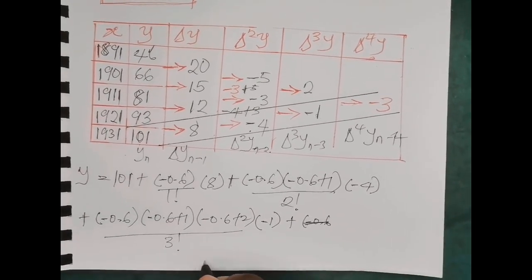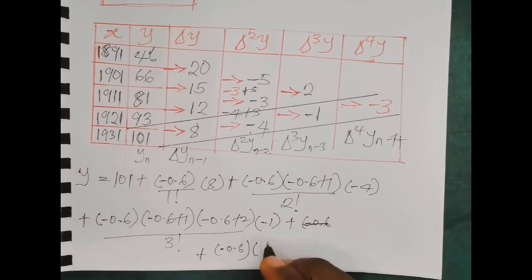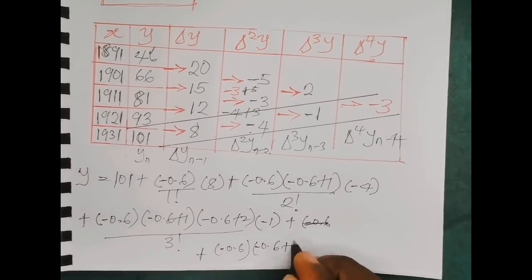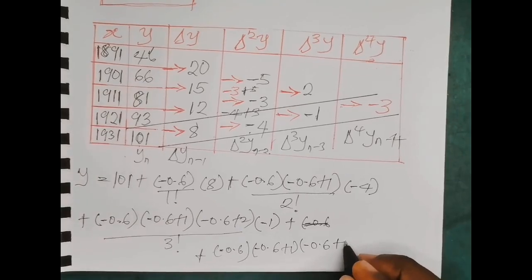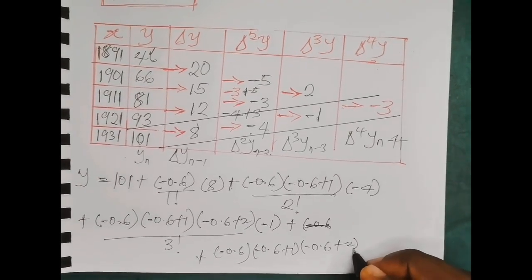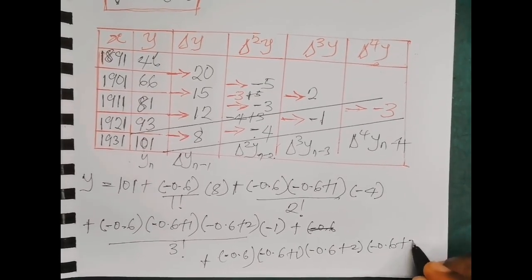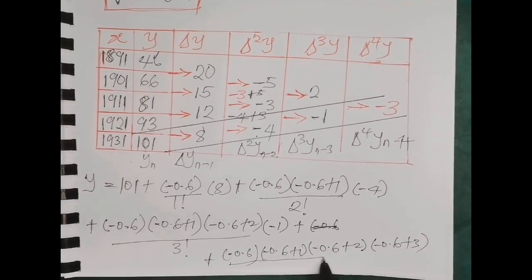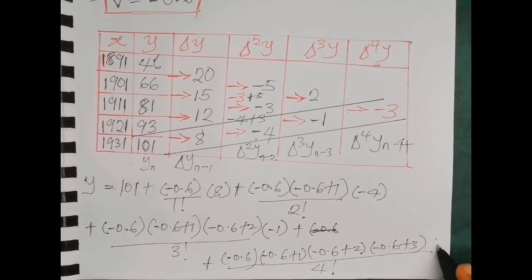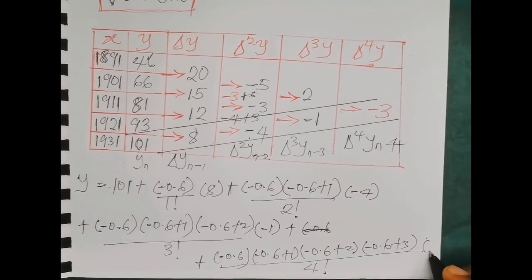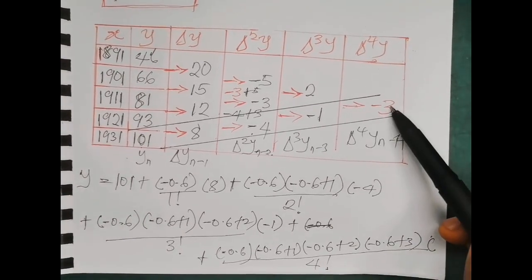So we can pull this down over here, plus negative 0.6 times negative 0.6 plus 1 times negative 0.6 plus 2 times negative 0.6 plus 3 all over 4 factorial, multiplied by delta fourth yn minus 4, and delta fourth yn minus 4 gives us negative 3.